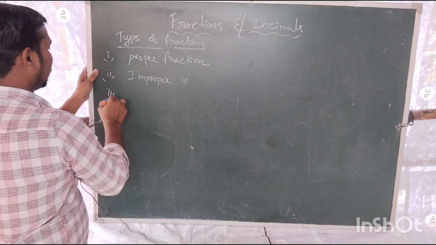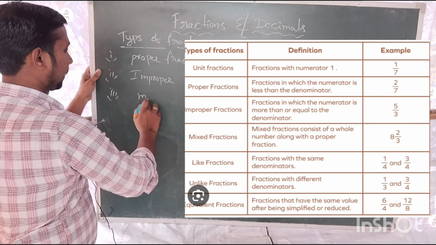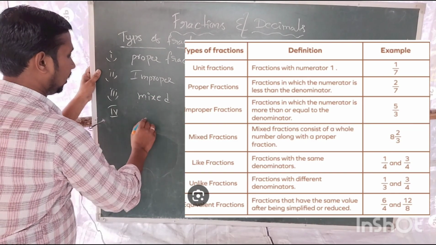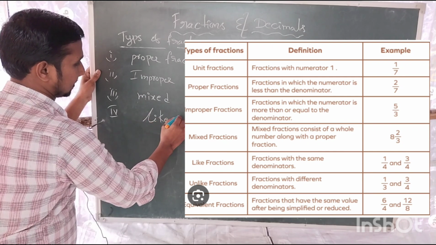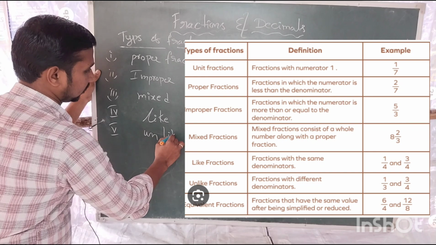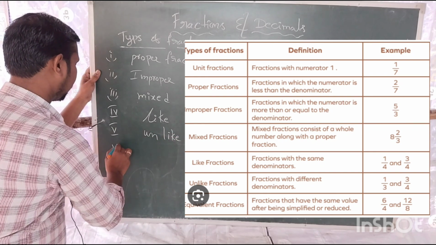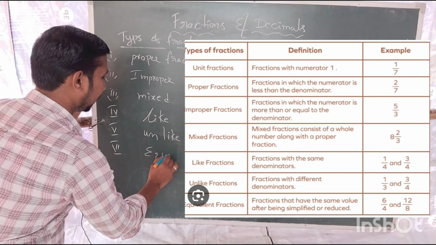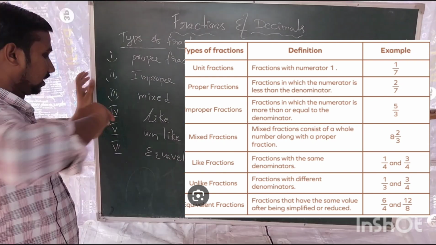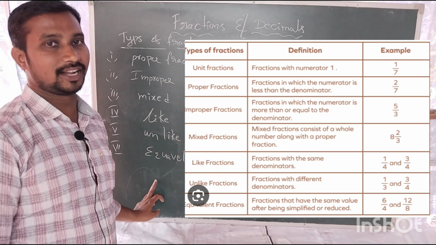Third one is mixed fraction. Fourth one is like fraction. Fifth one is unlike fractions. Sixth one is equivalent fractions.